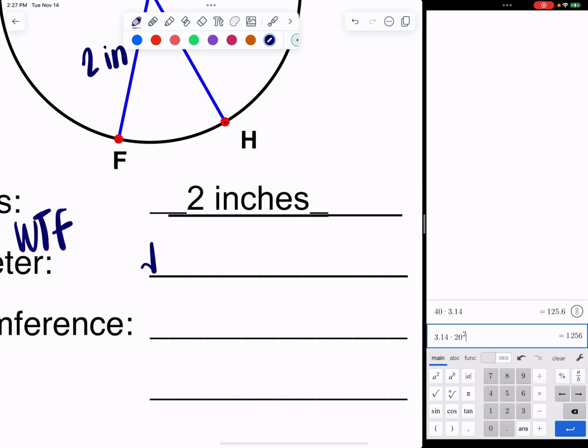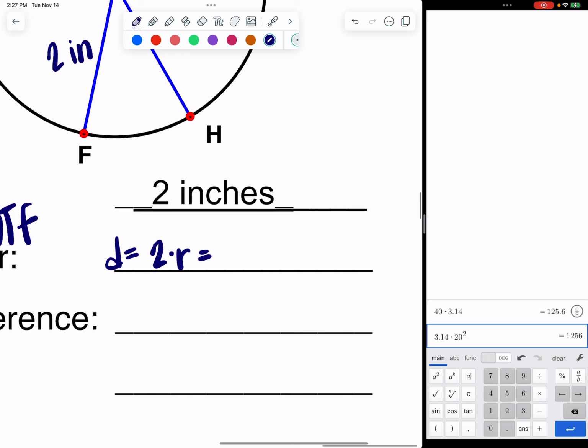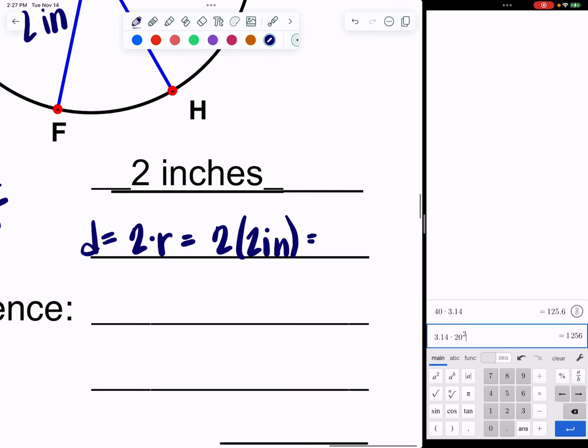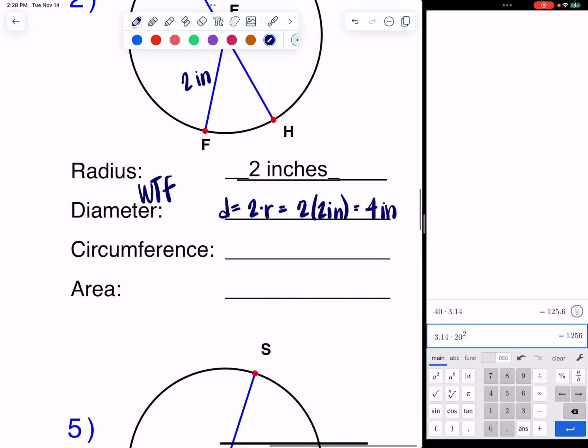So I know diameter is 2 times the radius. Well, that's 2 times 2 inches. Well, I can do that without even taking off my shoes and socks. That's 4 inches. We're dealing with a length, so we don't need a squared on our units. Just plain old inches will get the job done.